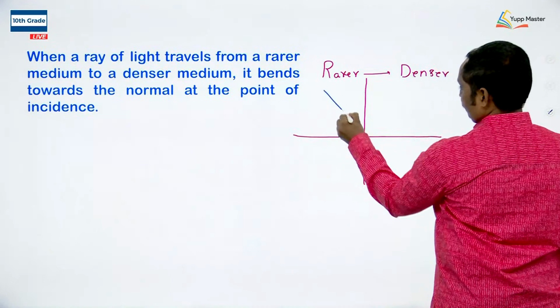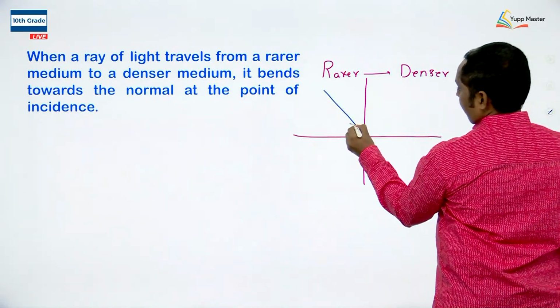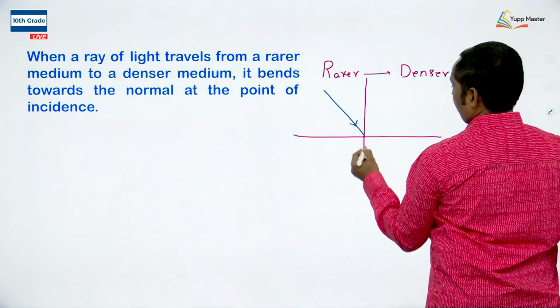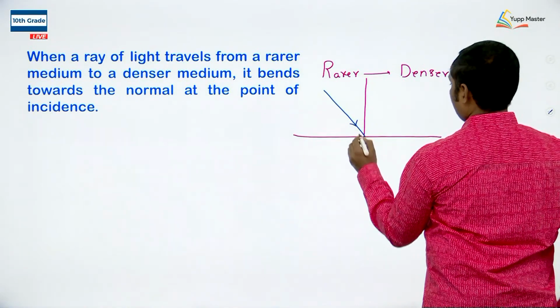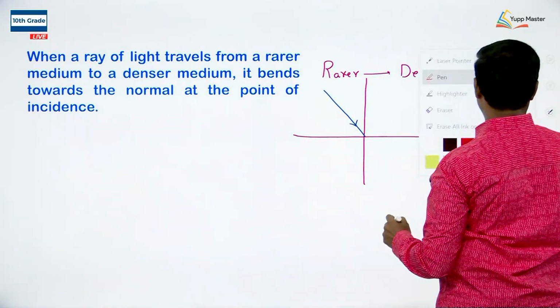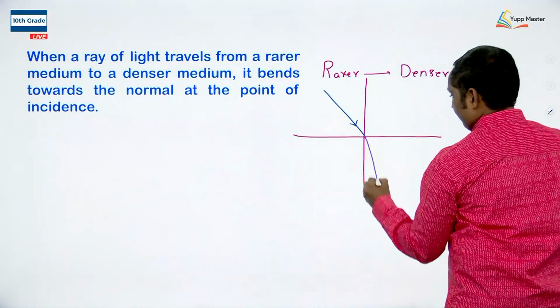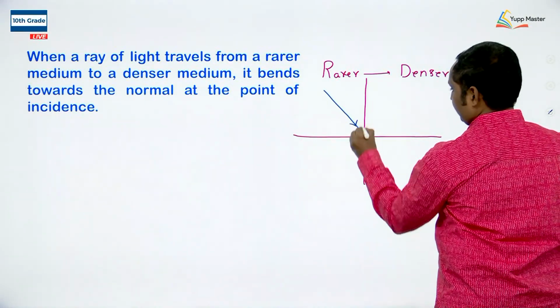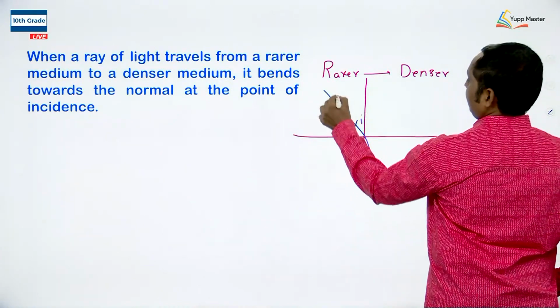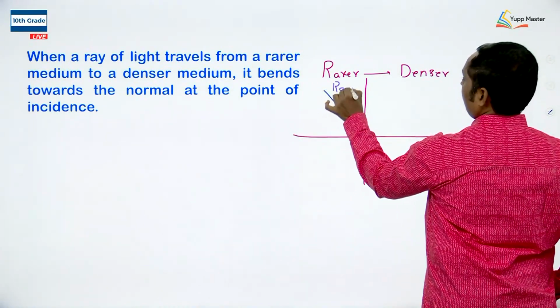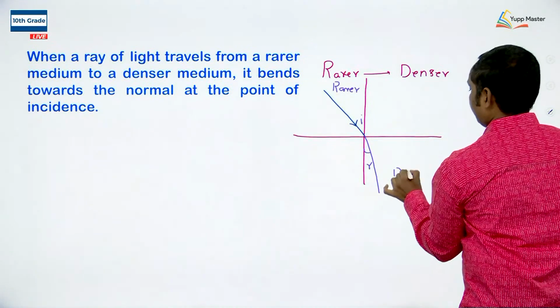This is the incident light ray. The refracted light ray is this. This is the rarer medium and the denser medium.